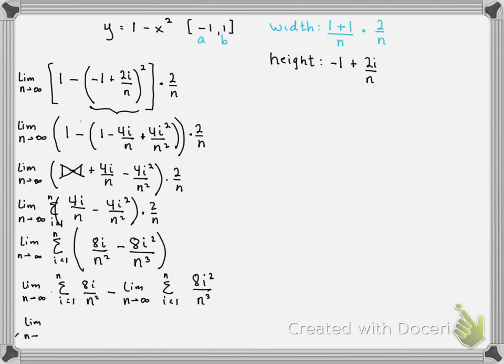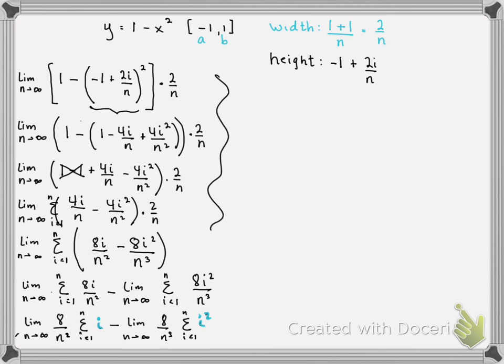So the limit as n approaches infinity of 8 over n squared times the sum from 1 to n of i, minus the limit as n approaches infinity of 8 over n cubed times the sum from 1 to n of i squared. So now that we have successfully isolated our i and our i squared, we can make the replacements for i in terms of n.